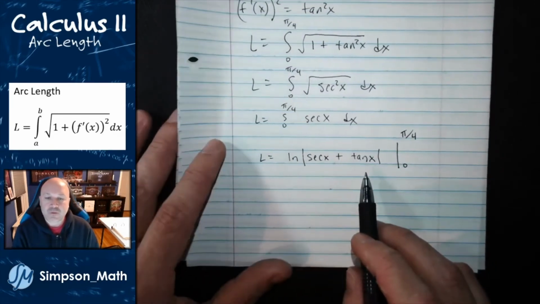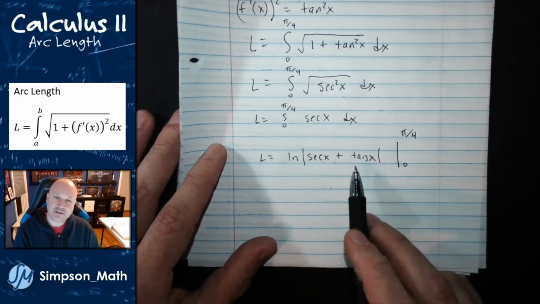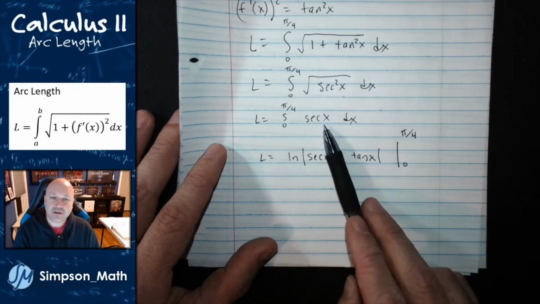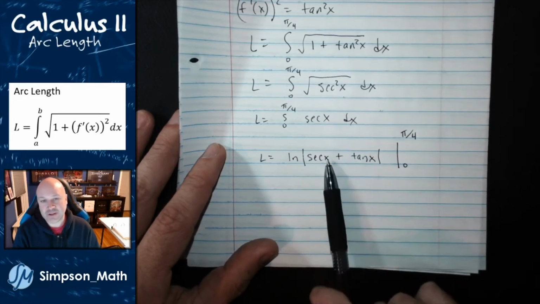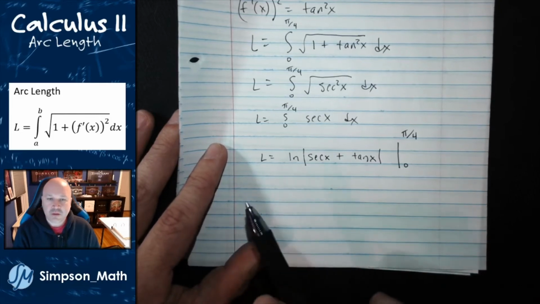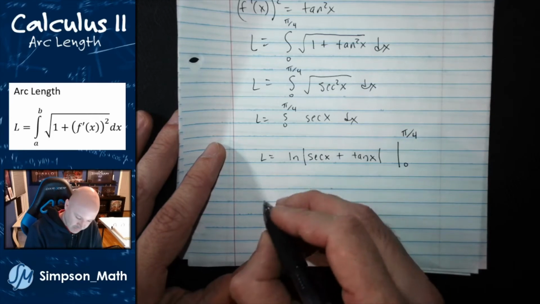All right. If that does not ring a bell to you, go back and find a trig integration video. We multiply by a fancy 1 in order to come up with this. Okay, shoving in pi fourths minus 0.